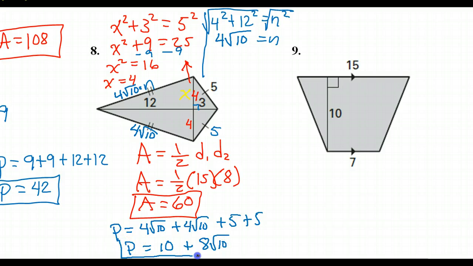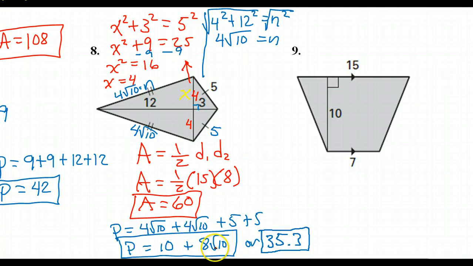So this would be the exact answer for the perimeter. Or we could do a decimal, which in this case would be 35.3. So be prepared to give me a decimal or an exact answer, whatever I ask you for.